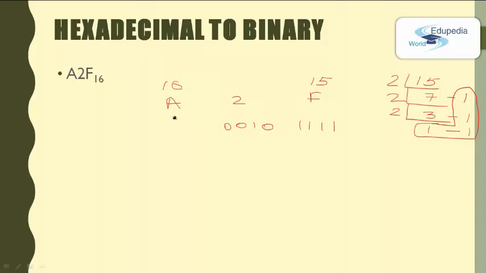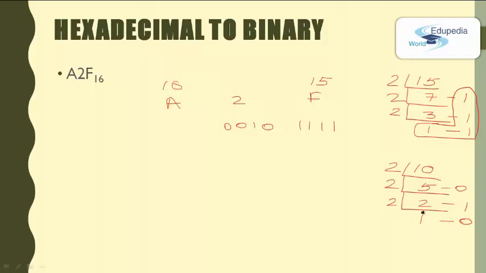Now in here the character A means 10. That means we have to convert this 10 into its binary equivalent. The quotient is 5 and the remainder is 0. Quotient 5 should be divided by 2 and the quotient is 2 and the remainder is 1. If we divide the 2 by 2, the quotient is 1 and the remainder is 0.